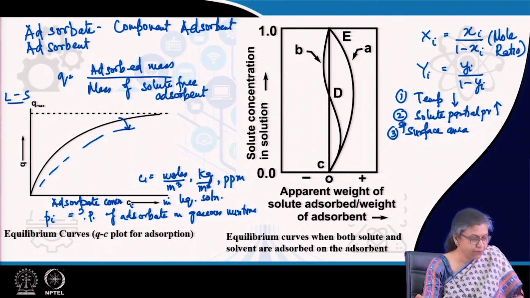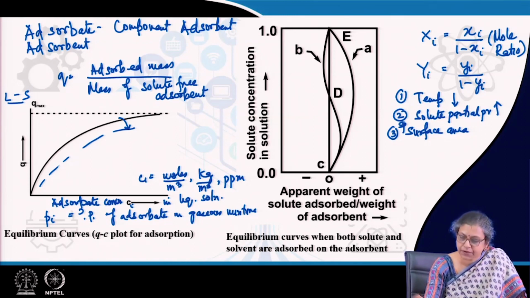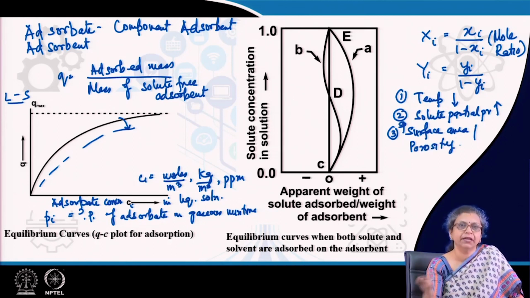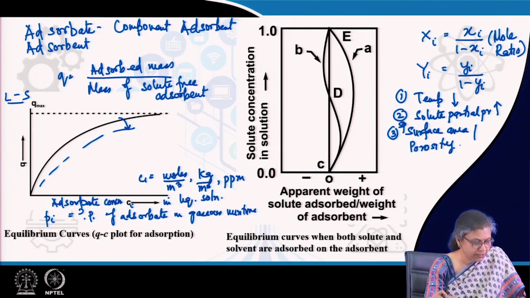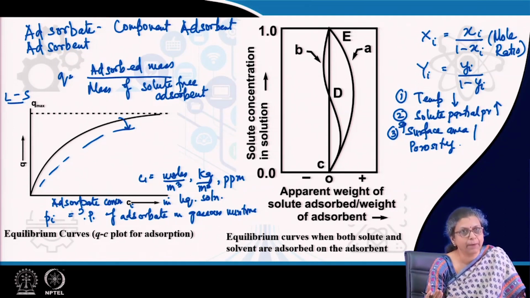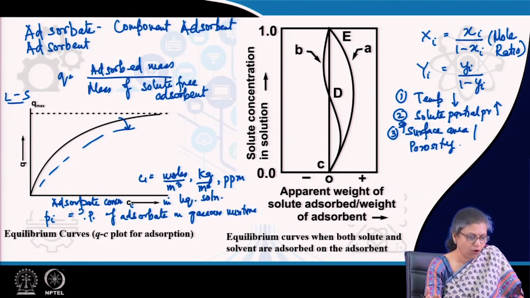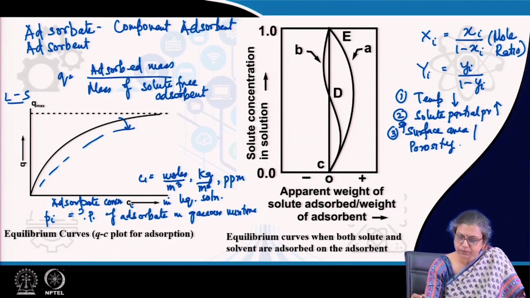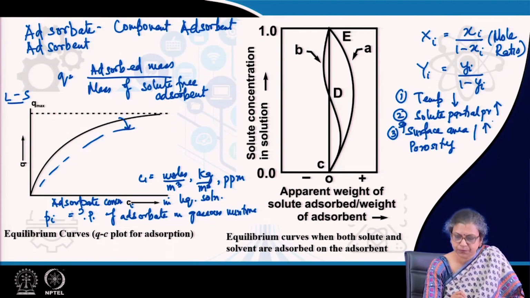So if we increase the specific surface area or the porosity of the medium, naturally the total area available for adsorption increases, and whenever we go for higher porosity it ensures higher specific surface area. Therefore, larger adsorption capacity per unit weight of the adsorbent, or in other words this also increases Q.